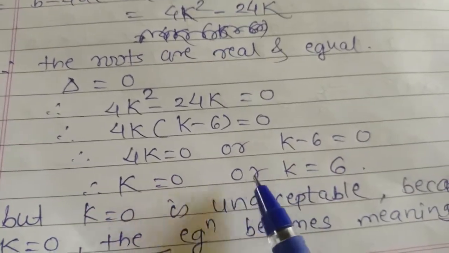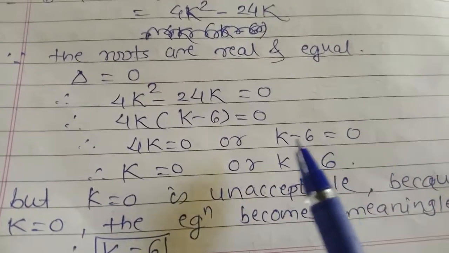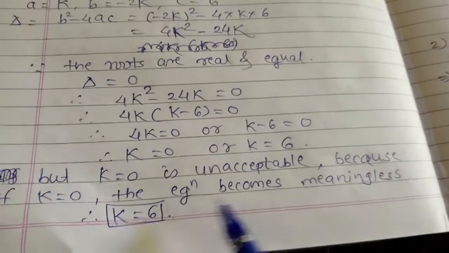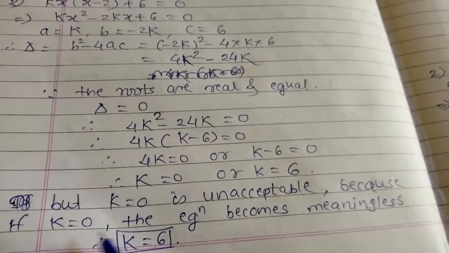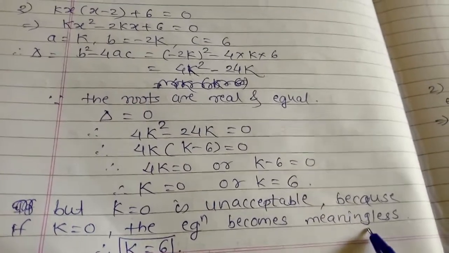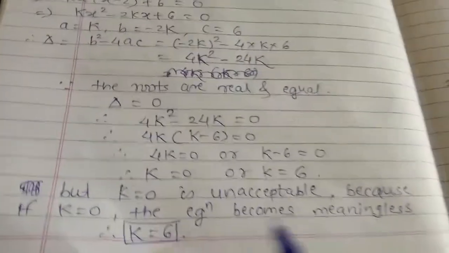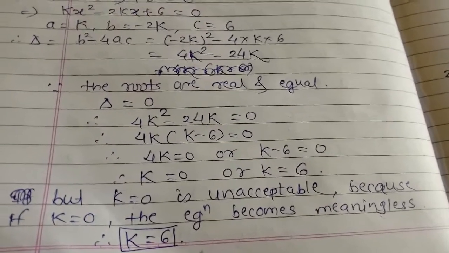So k is equal to 0 or k is equal to 6. Here k equal to 0 is unacceptable, because when we put k equal to 0, the equation is no longer a quadratic equation, and so the value of k is equal to 6. So this is all about exercise 2.5.